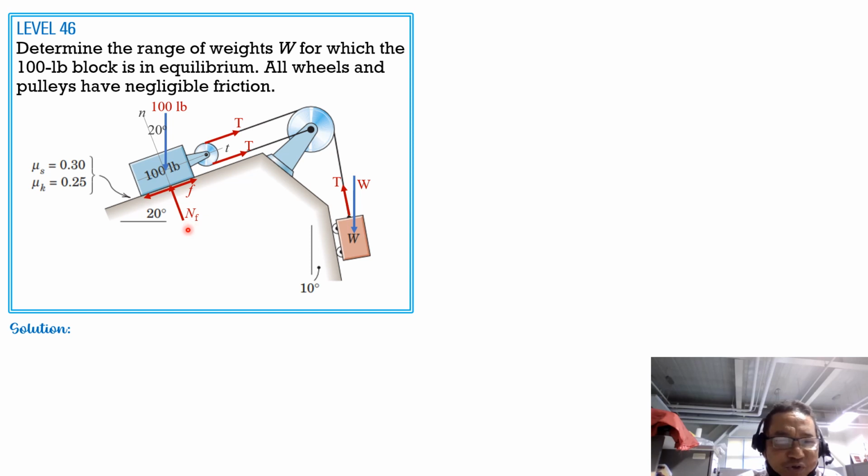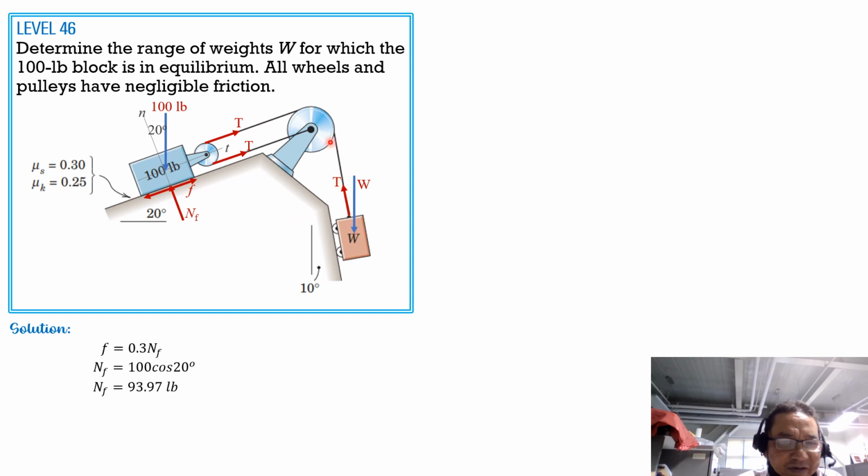So friction equals 0.3 of NF, and summation of forces normal equals 0 in this free body diagram. So NF equals 100 cosine of 20 degrees, and NF is equal to 93.97 pounds.